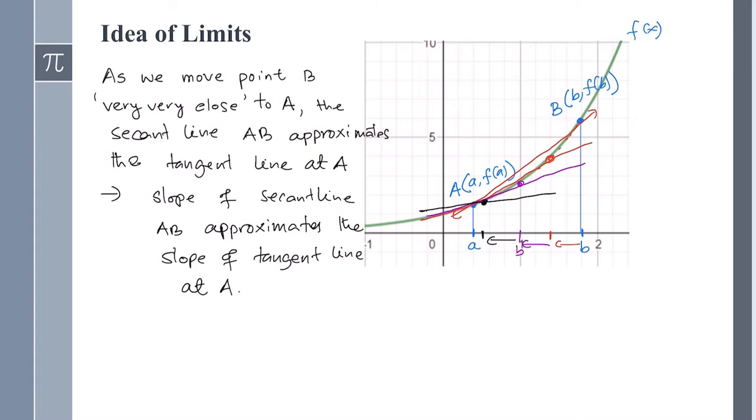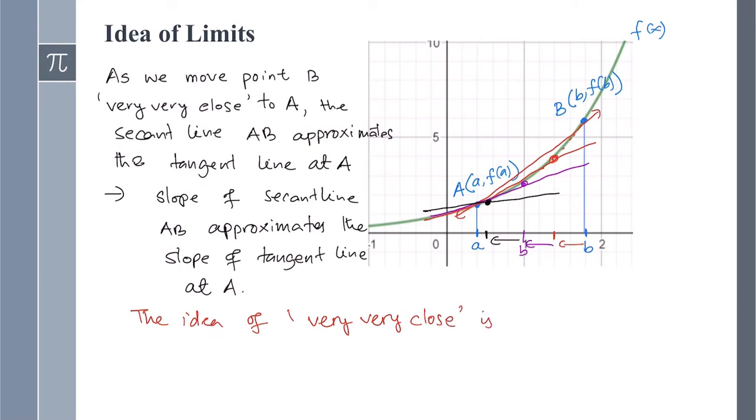So the idea of very, very close, or that closeness, how close? Really close, very close. The idea of very, very close is what limit means. So that is the general idea of limit.